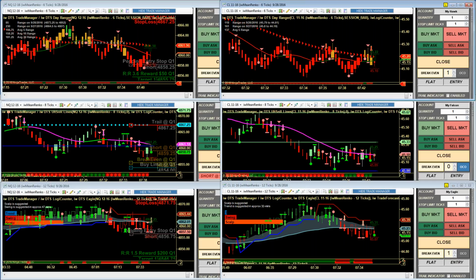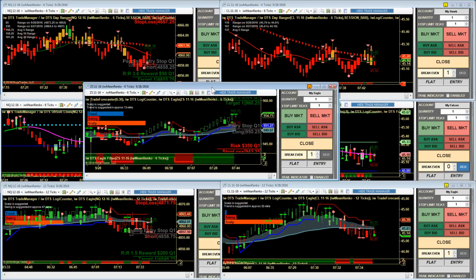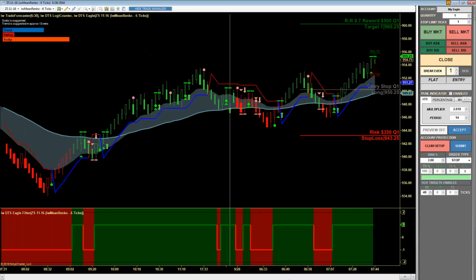Soybeans still plodding higher, hooray. Here's that soybean trade we were following on the Eagle, and we took that one on a second push also. So we allowed the signal to engage, it retreated, we placed our order above the high of that bar. Again, just looking for some renewed momentum to bring us in.